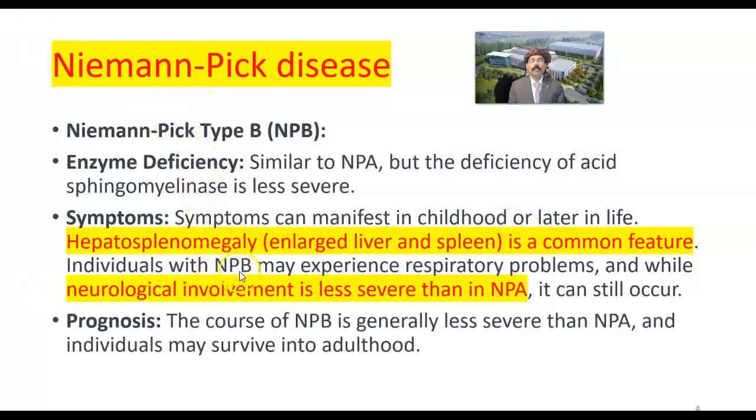Individuals with Niemann-Pick disease type B may experience respiratory problems, while the neurological involvement is less severe than that of Niemann-Pick disease A. Prognosis: the course of the disease is generally less severe than Niemann-Pick A disease, and individuals may survive into adulthood. So type A is severe.